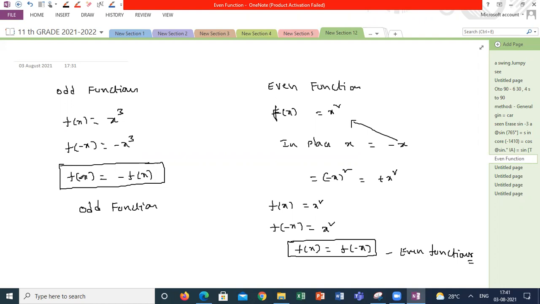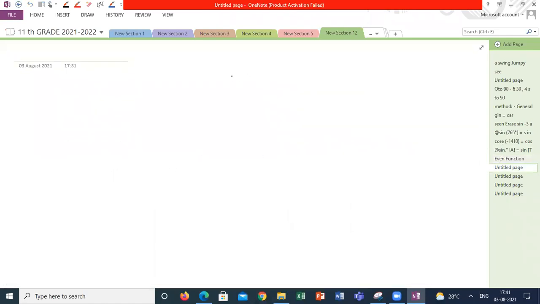Sir, then what is the relation of odd and even functions with trigonometric ratios? With respect to trigonometry, sin x is an odd function. Cos x is an even function. That we will discuss in +2 functions concept for inverse trigonometry.